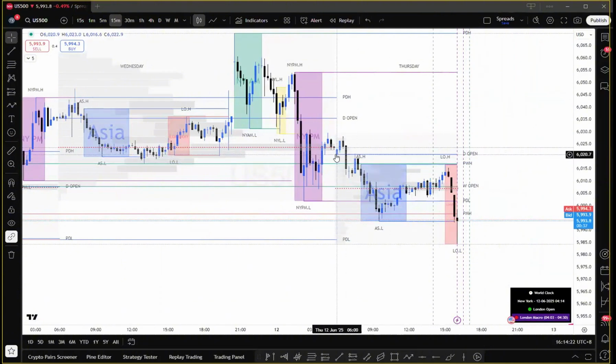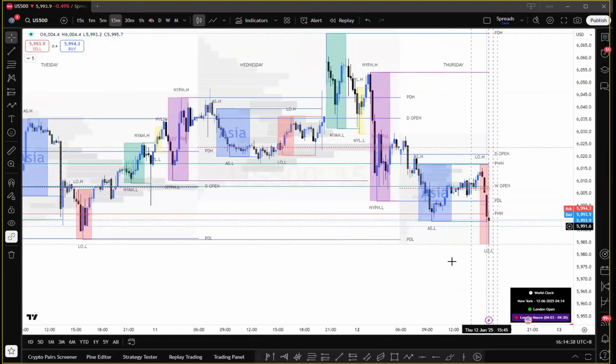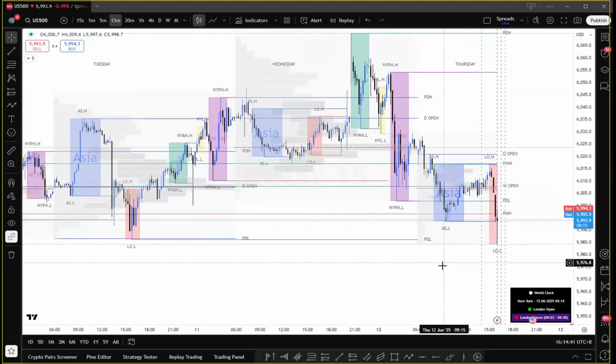Okay, daily open started here, so there was a gap down on the daily open. Retrace back up into this key level and then a sell. So potentially we'll be looking at a weak S&P 500 during the New York session today.